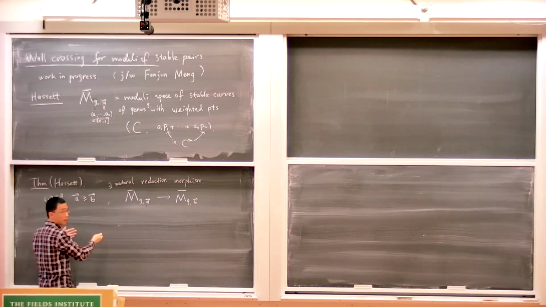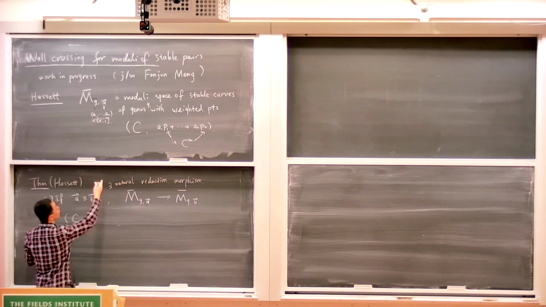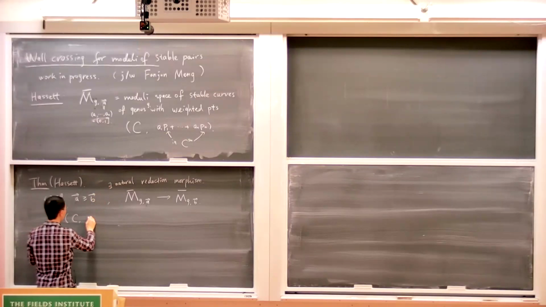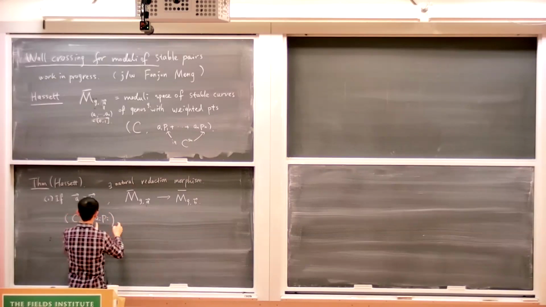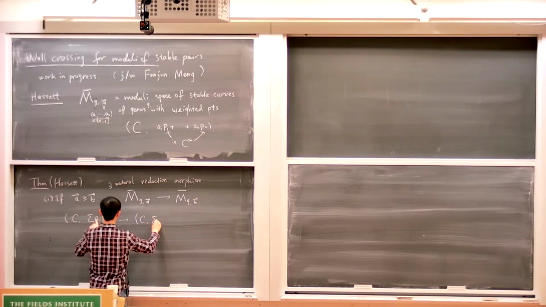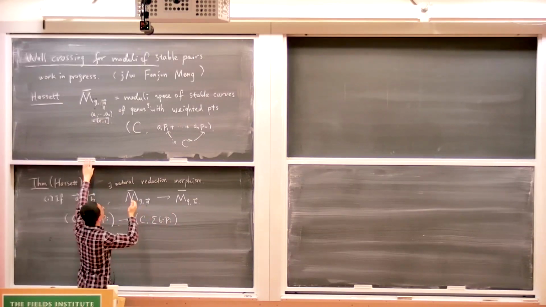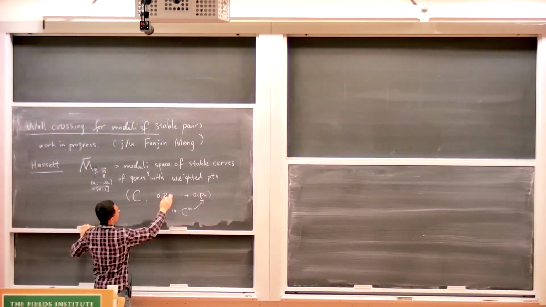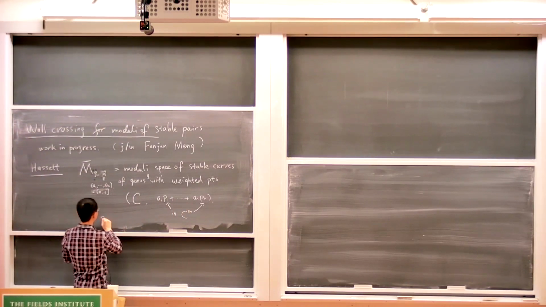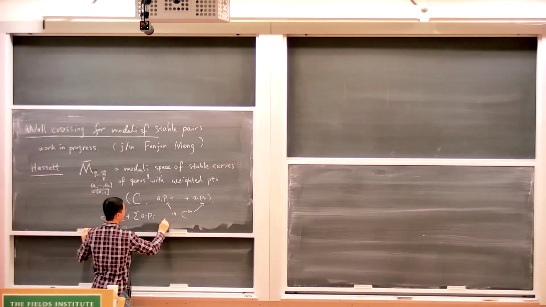where at the level of objects, what you are doing is taking one stable curve with those weights, and then you replace the coefficients from A to B. Maybe I forgot to say, with weighted points such that the canonical plus this boundary is ample.